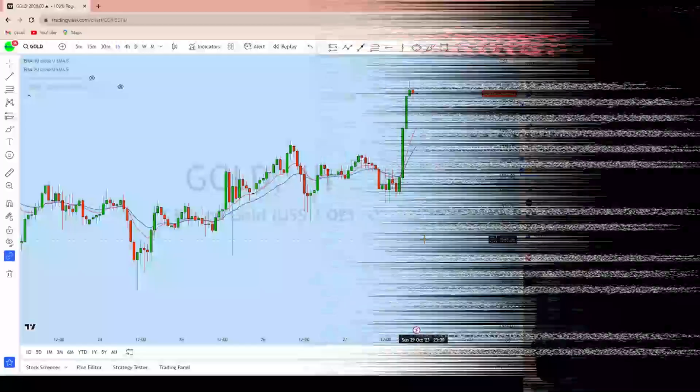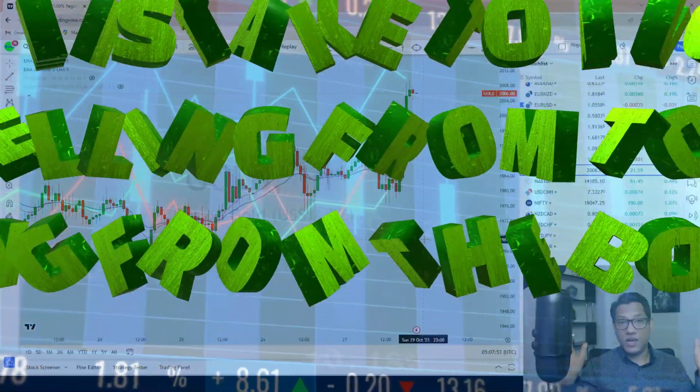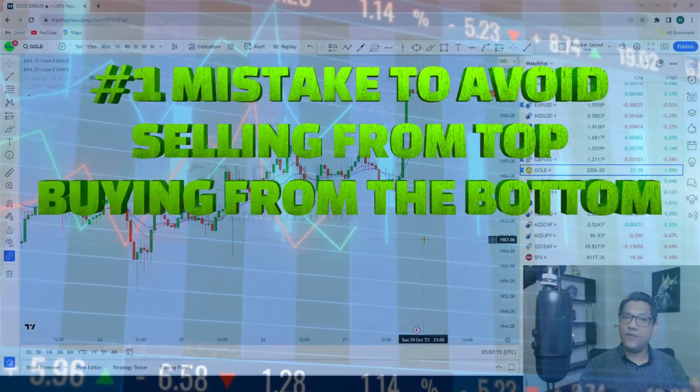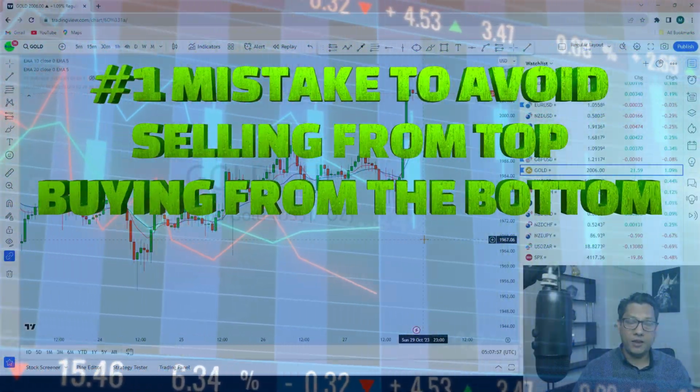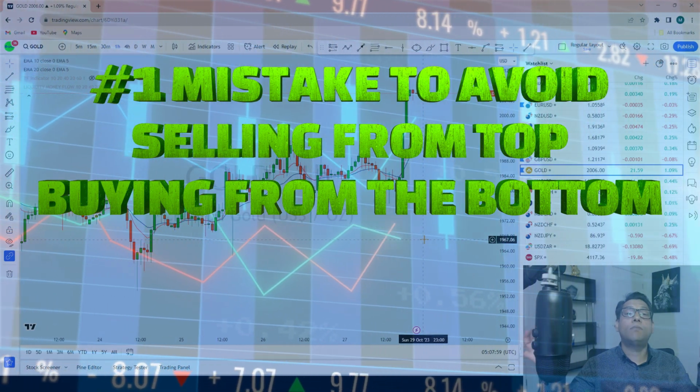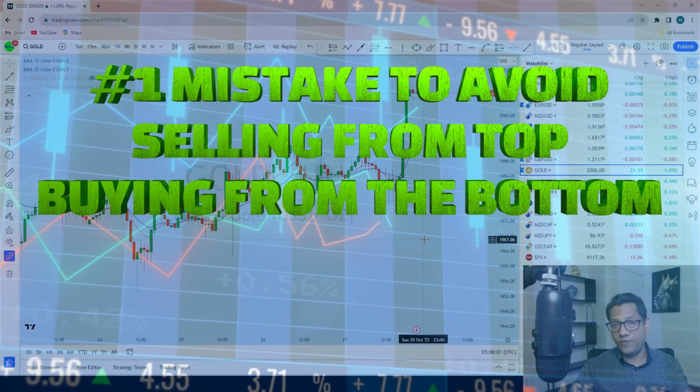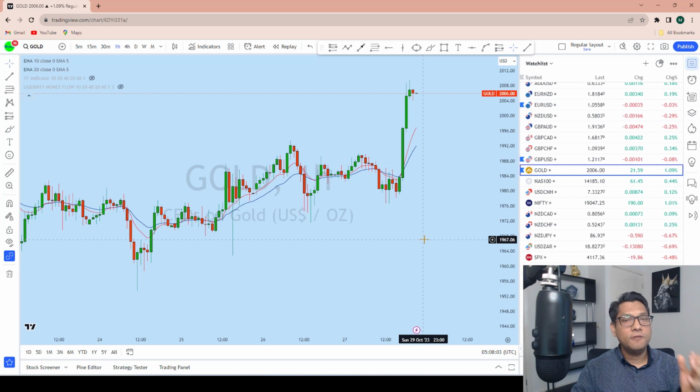Okay, so the first mistake one must avoid is selling from the top, buying from the bottom. Now this is the most common mistake that everyone makes, especially in the beginning. Retail traders tend to sell from the top, buy from the bottom, but always it is the other way around.